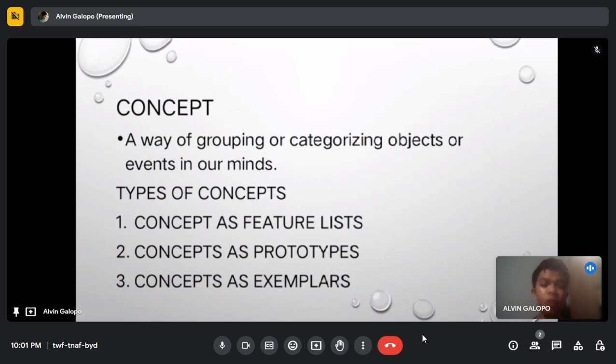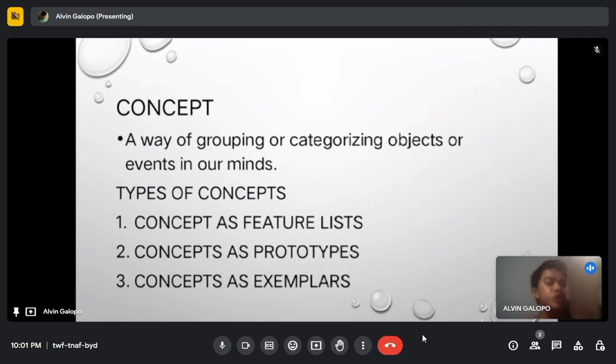Therefore, a concept is like a mental folder where we put anything that is kind of the same. So that is a concept. Now, under concepts, there are three types: concepts as features, concepts as prototypes, and concepts as exemplars.